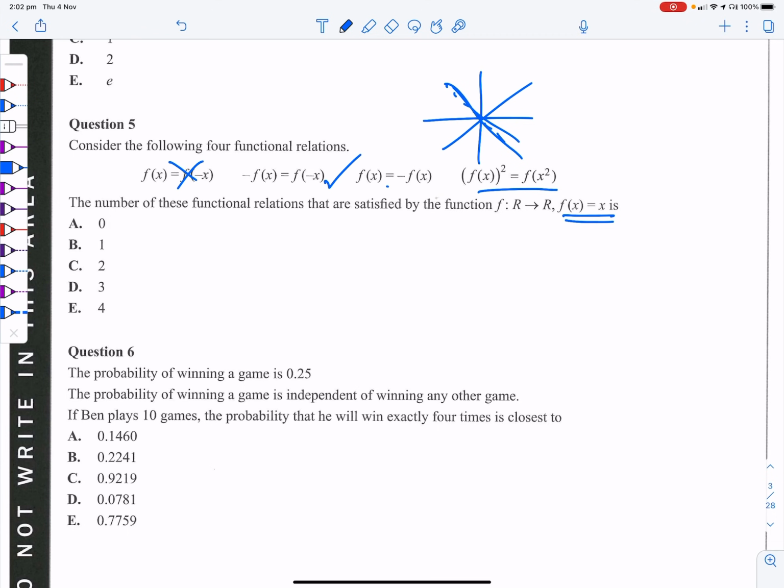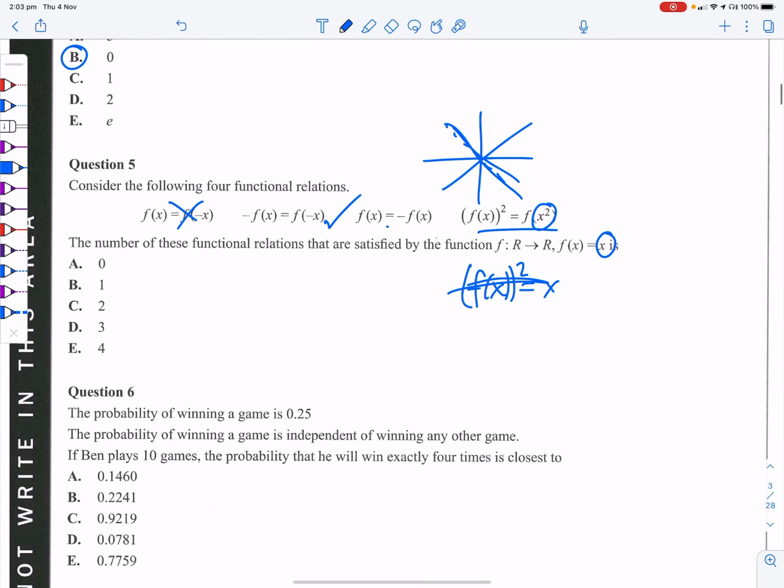If you square the whole function, or if you replace x with x squared, so here, if I had f of x as x, if I square that, is that equal to f of x squared? So that would become x squared, and that would be x squared. I think that's right. I'm just having a mental blank.